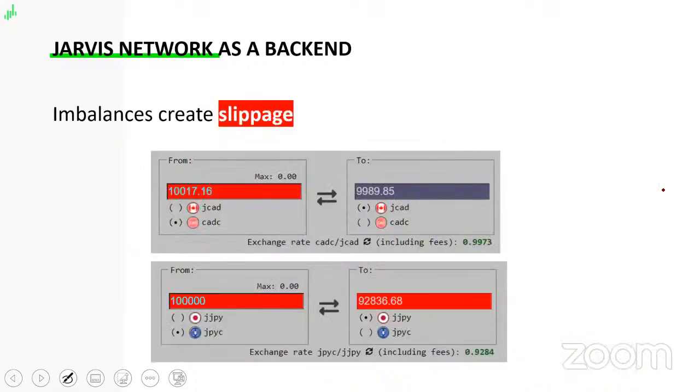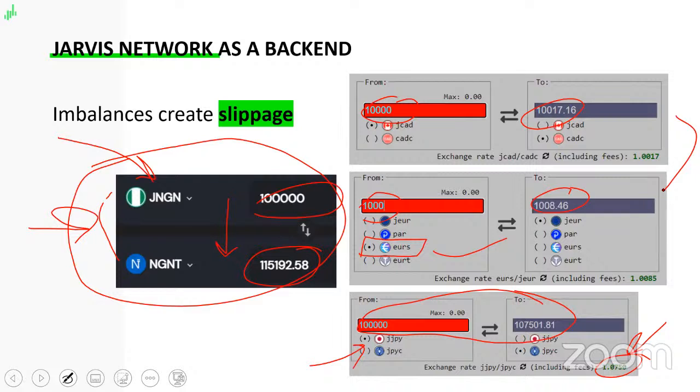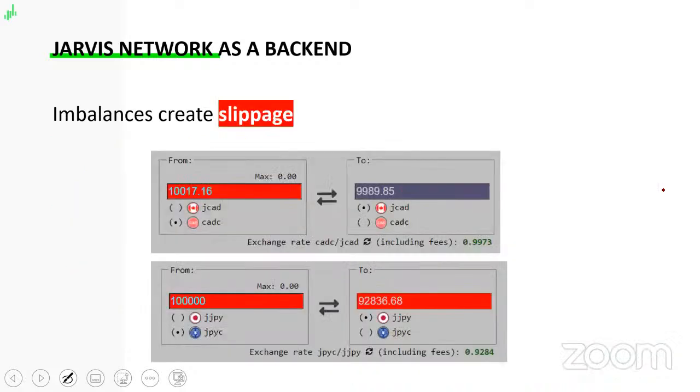You also have negative slippage, because if you buy CAD-C with GCAD, as you have seen, you can make 17 Canadian dollars more, but it also works the same way vice versa. So, for example, if you sell 10,017 CAD-C, you won't get more GCAD. You will actually get way less, because look at the exchange rate.